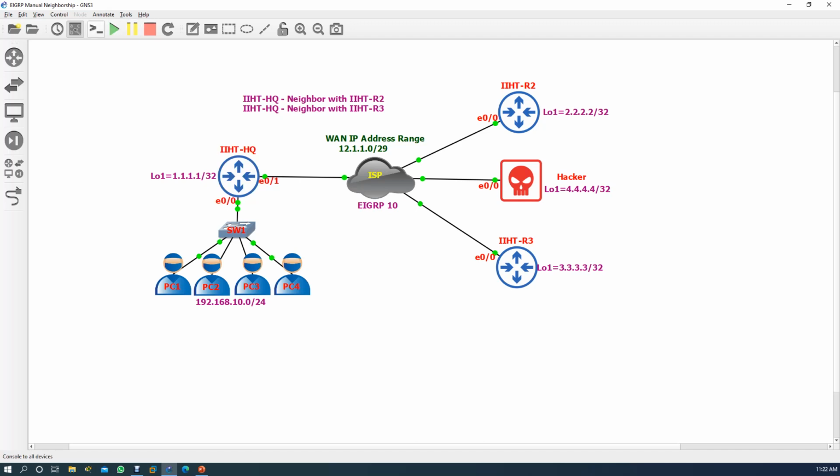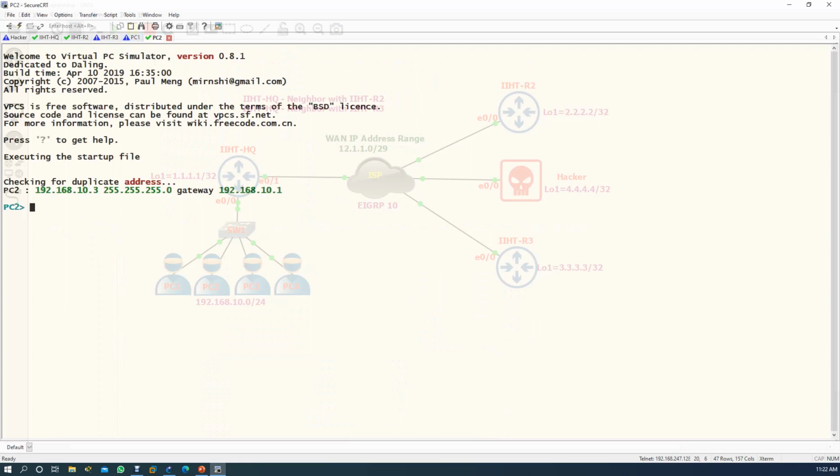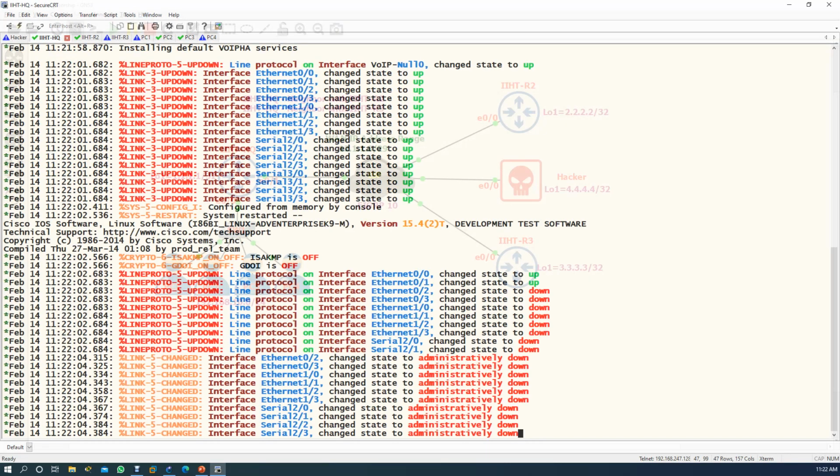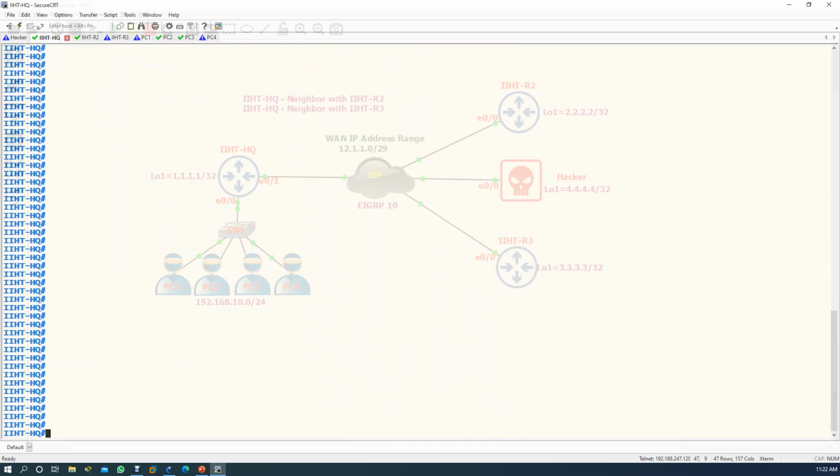So let's come here: IST headquarter, IST2, IST3, and these PCs. I'm just configuring routing. Conf t, router EIGRP 10. I have three networks: one is loopback, one is 12, and one is 192.